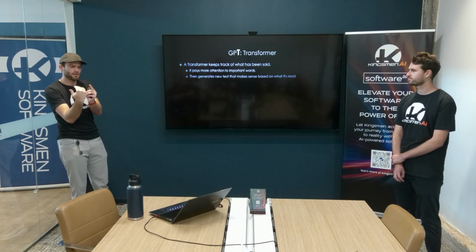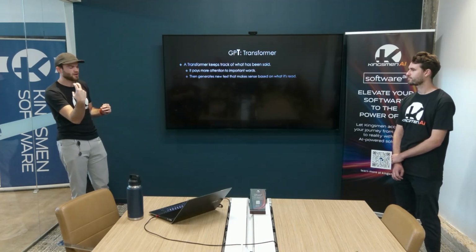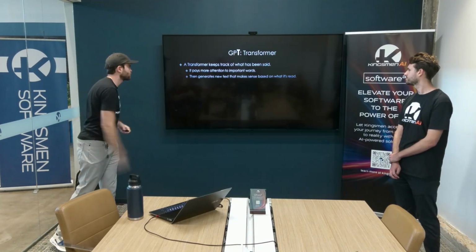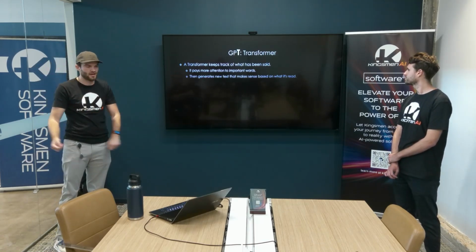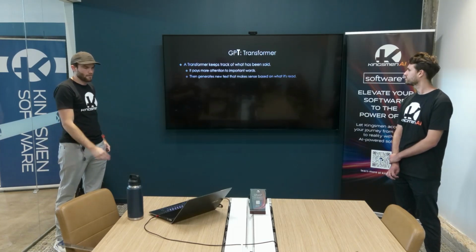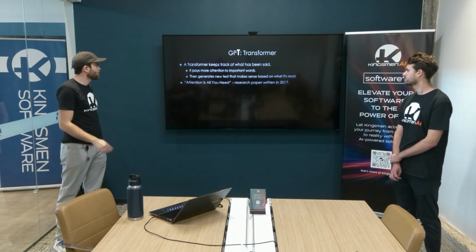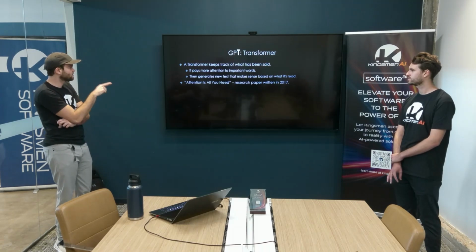A, B, C, D. It would say E is the next letter in the sequence, and that is what the transformer allows it to do on top of the massive training set that it learned off of. Yeah, that pretty much describes what a transformer is, and "Attention Is All You Need."